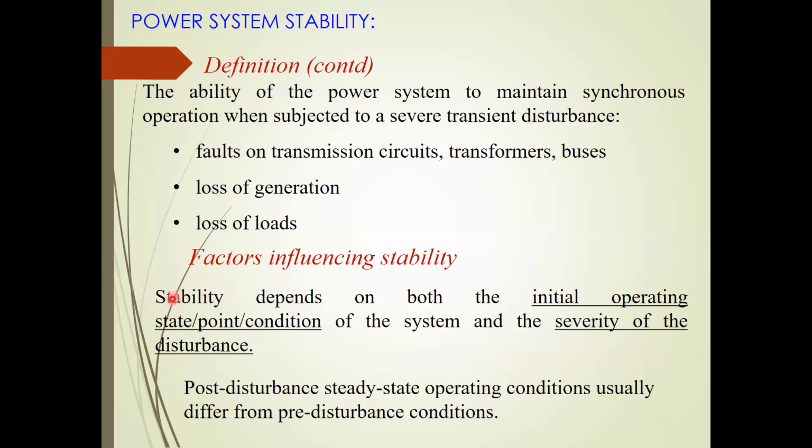So that's why we say the stability depends upon the initial operating condition, and then again, the amount of disturbance. What is the severity of the disturbance level? Let's say the change in the load is just 5% or 10%, and this change in the load takes place over a period of 1 hour, 2 hours, 3 hours, or even 4 hours. Then it is very much possible to regulate the output power from the generator because you have sufficient time as well.